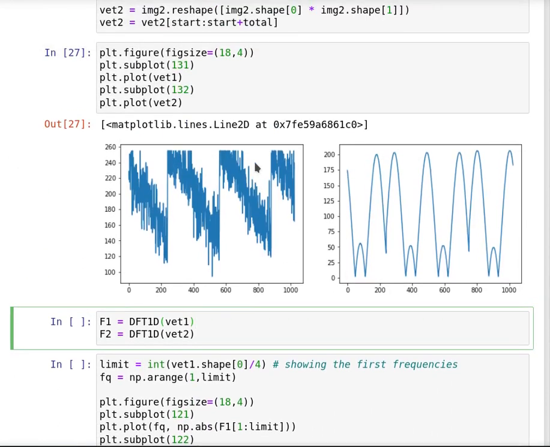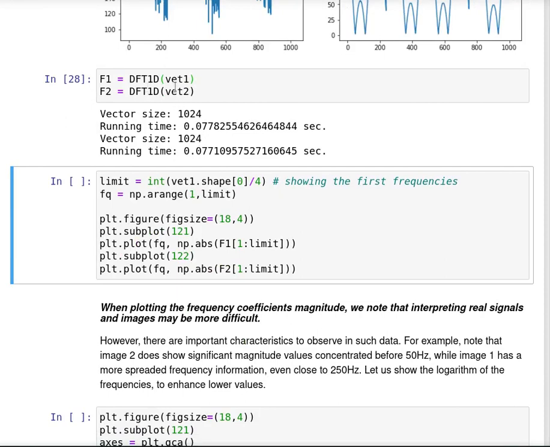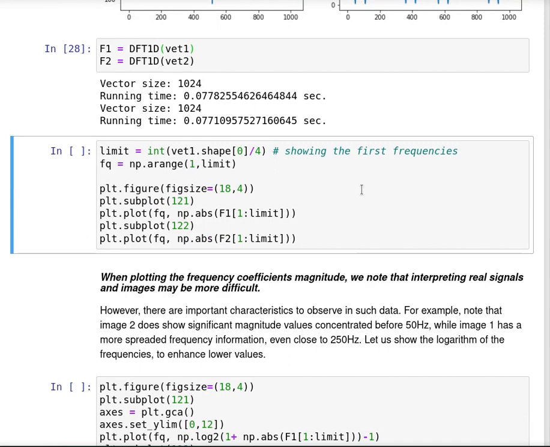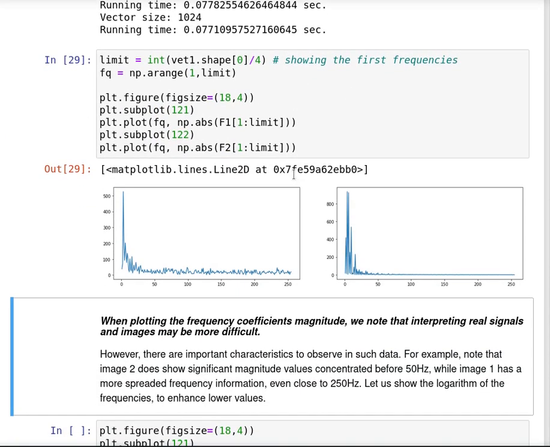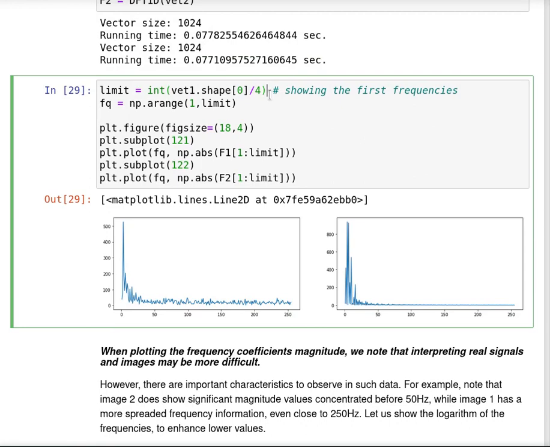And let us take the DFT of both of them, this first one and the second one, and see how the frequencies compare. Let us just show part of the frequencies.